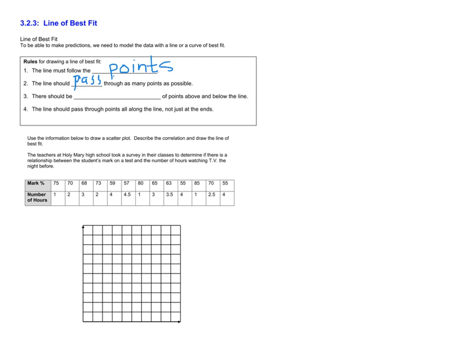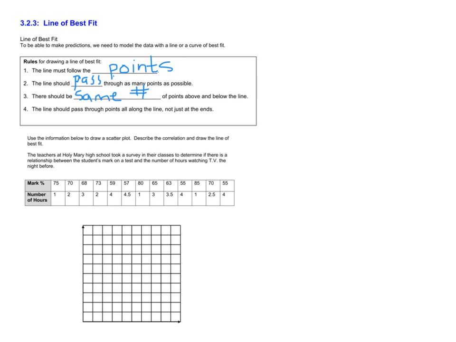There should be the same number of points above and below the line. It also says that the line should pass through points all along the line, not just at the ends. So it's not necessarily the ends, it's got to pass through as many as possible.